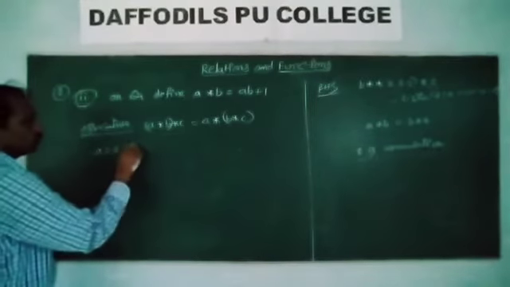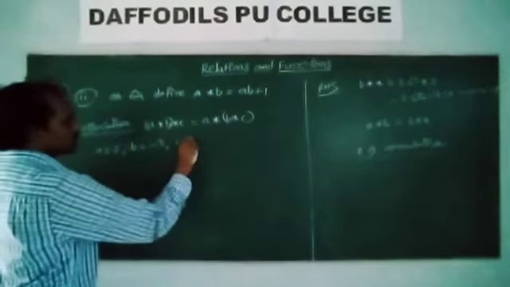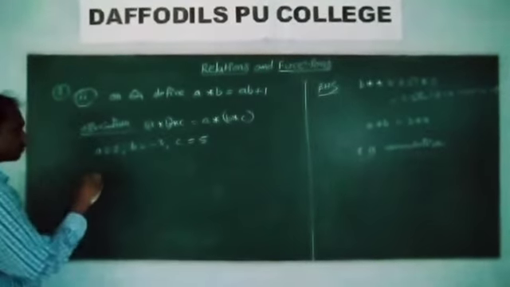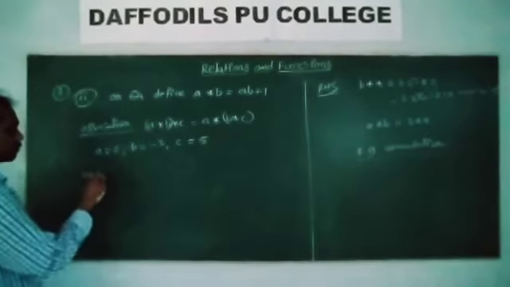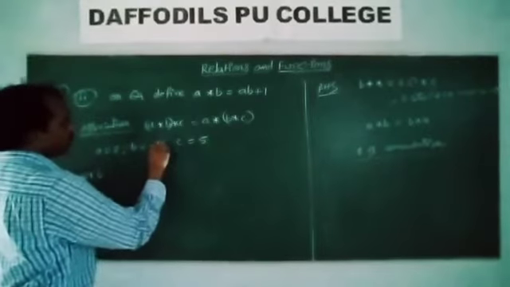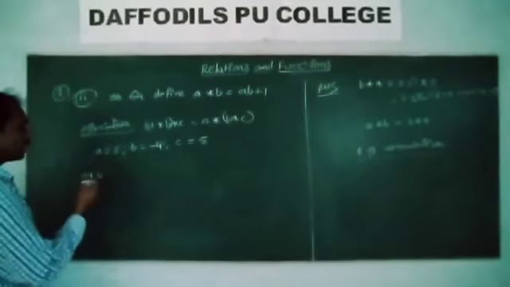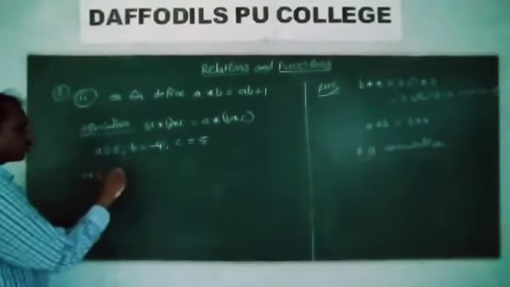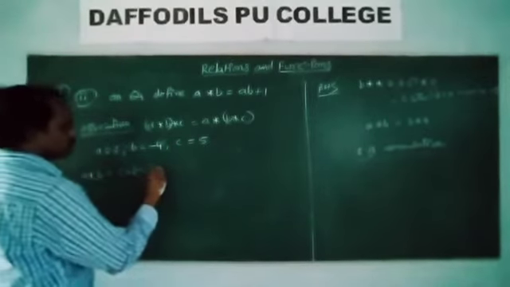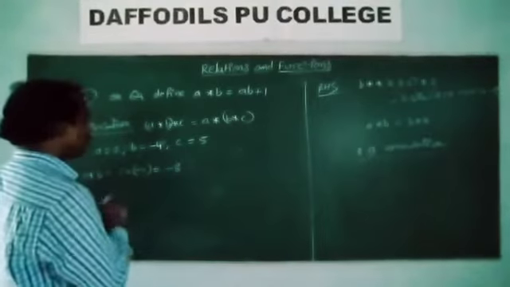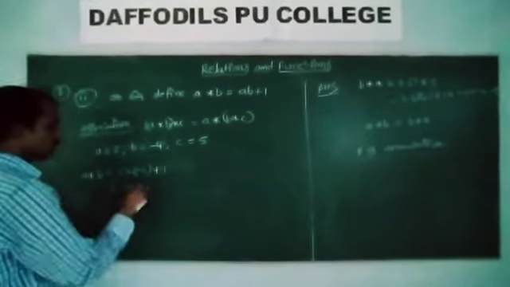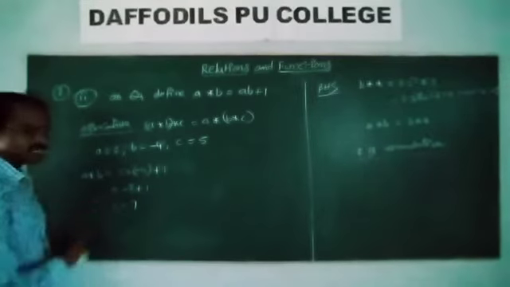A is equal to 2, B is equal to -3, C is equal to 5, or else one more number, -4. A star B first of all is equal to 2 star -4, which is -8, plus 1. This implies -8 plus 1, -7.